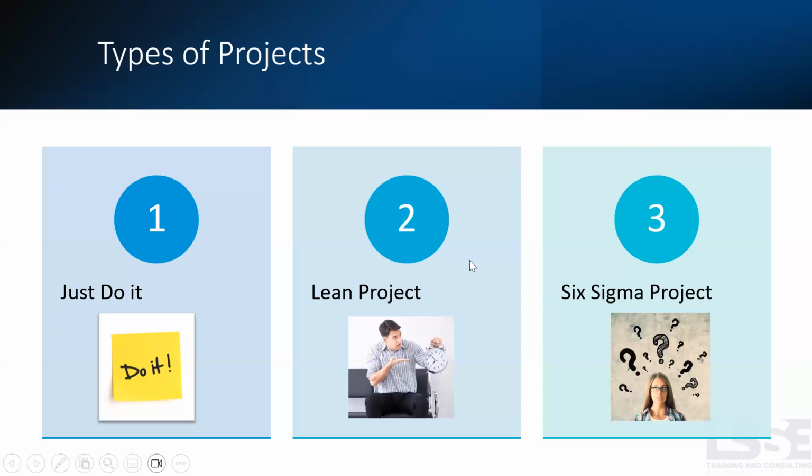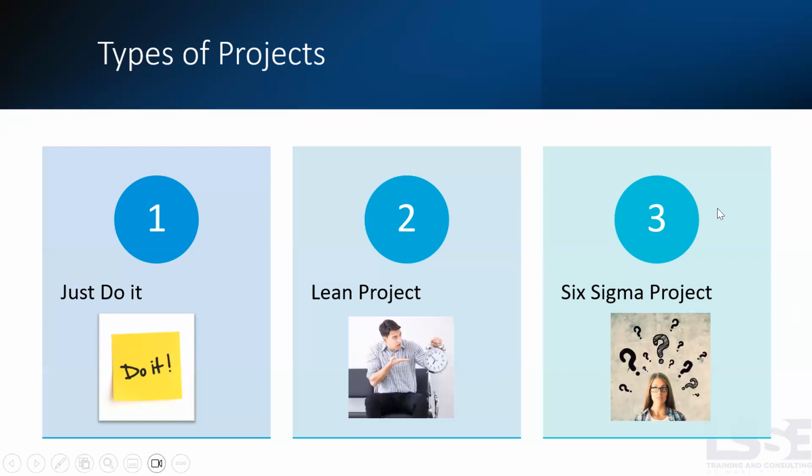For this type of project, you can use what we call the lean approach, and there are lean tools that you can use for these challenges. I think the most valuable tool here is the value stream map, which we will cover in detail in the measure phase. So that's another type of project that deals with timeliness, and that can be classified as a lean project.